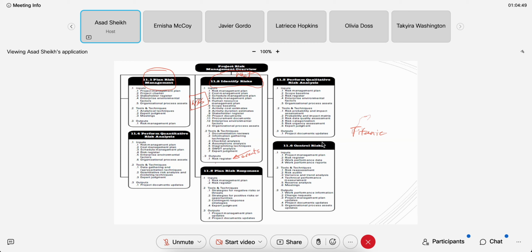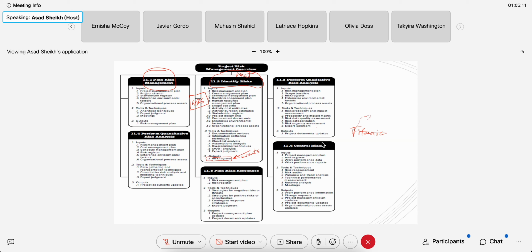We put them in what we call the risk register. Just like we have a stakeholder register, we have a risk register also. We put that information, all the identified risks, and how we're going to tackle those risks in the risk register.